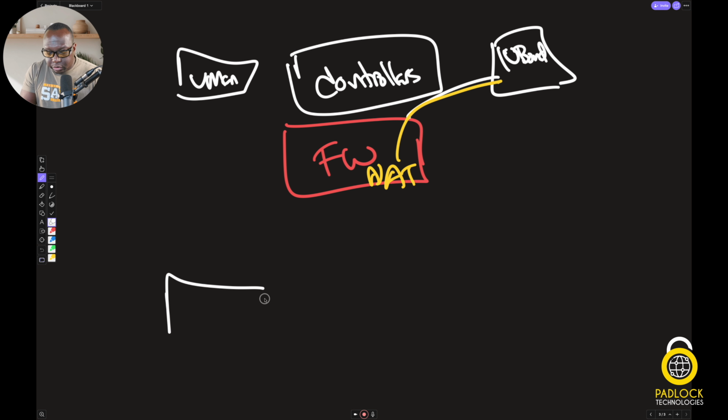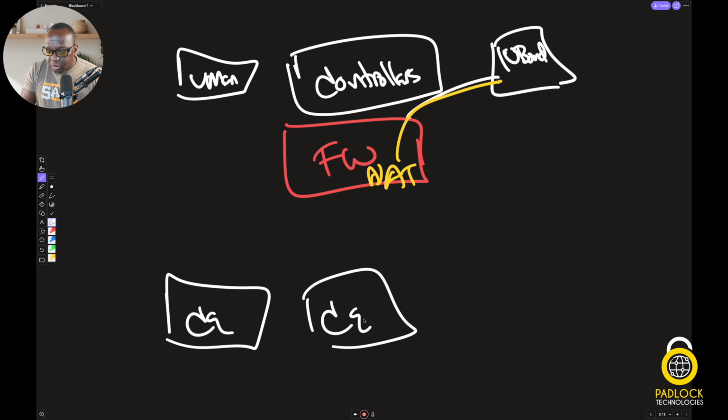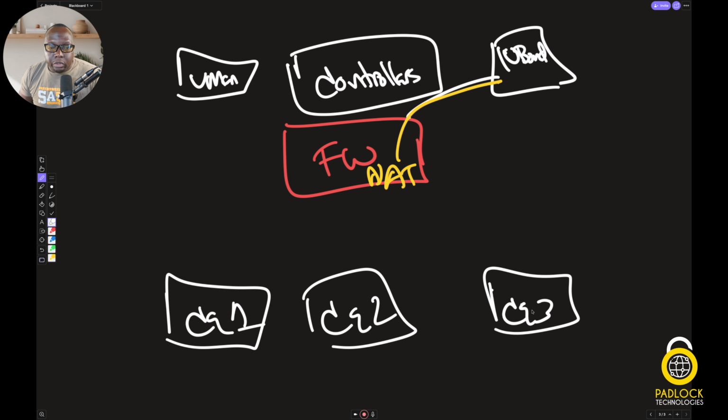The problem with this is, let's say we've got some cEdges here. When they connect to the vBond via this NAT address and authenticate, what vBond will do is send the internal IP addresses of the controllers to each of these cEdges.